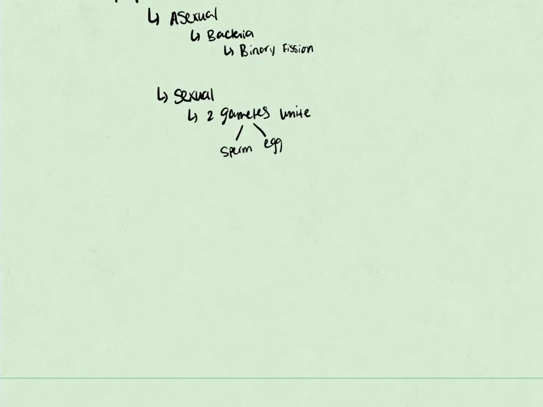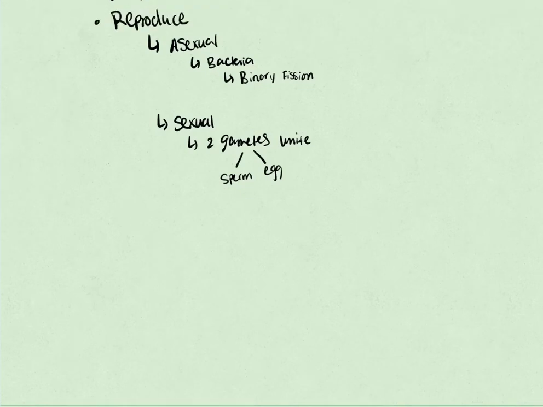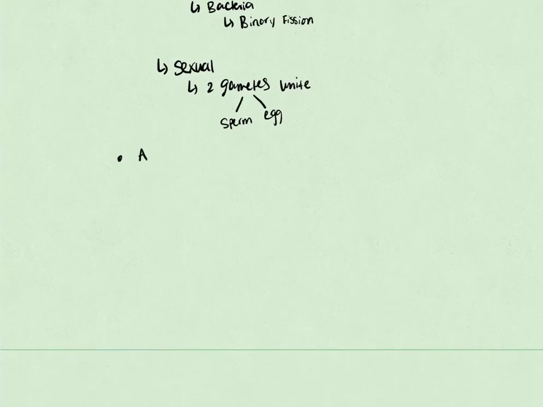The next major property of living things is the ability to adapt or evolve. This occurs when a certain adaptation or a certain feature of an organism fails or succeeds.